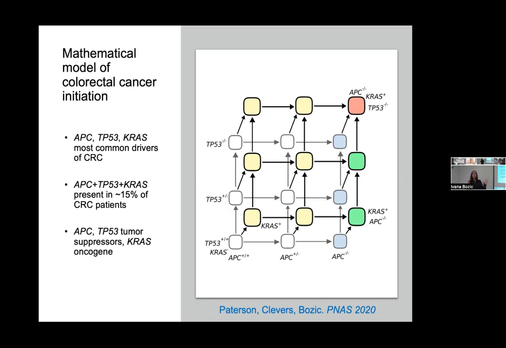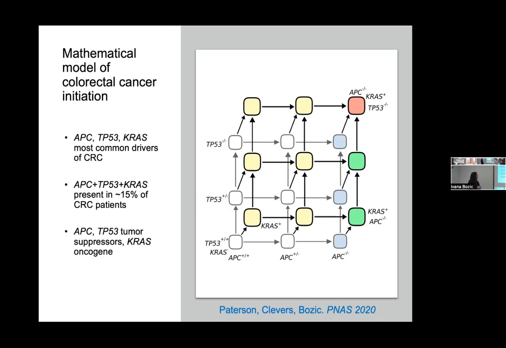As I said in the beginning, there's huge heterogeneity of driver mutations within different patients. So these three mutations are present together in about 15% of colorectal cancer patients. So this is what we are focusing on, trying to explain this fraction of colorectal cancers.